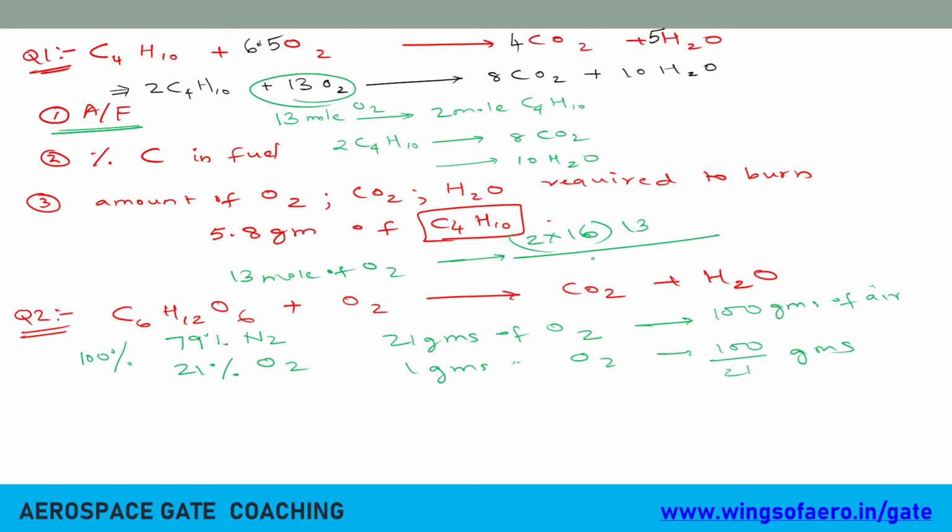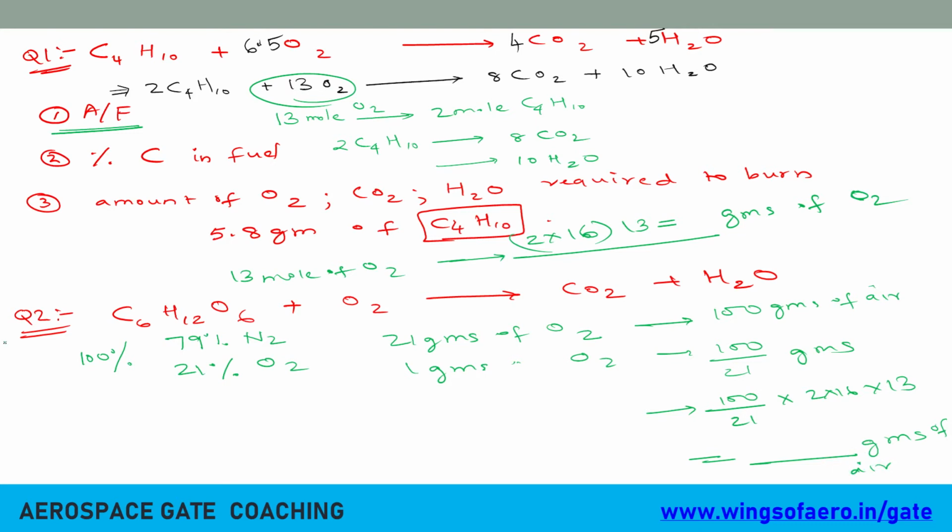So you will get the grams of O2. Whatever value we get here, to find this amount of grams in ratio with the air, you will get the answer: 100 by 21 into 2 into 16 into 13. You will get this many grams of air.